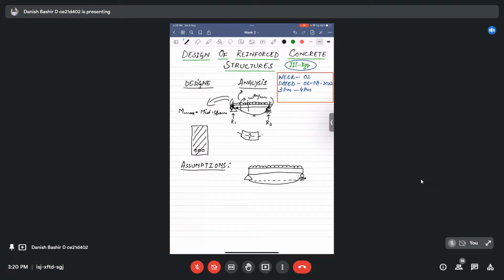If we take one part of this and we see the deflected shape, it gets deflected like this.